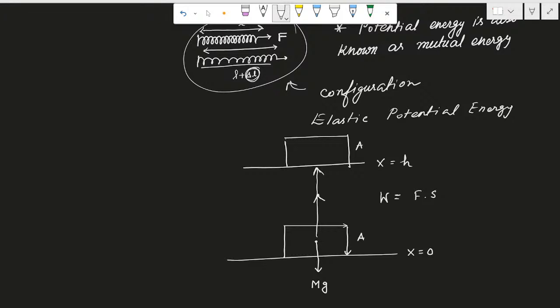Now here comes another question you might ask me: sir, we know these types of things are actually negative work. Yes, it is negative work if you consider the force to be the weight. If you consider the force is the weight, you are basically doing work against the weight. Weight is a force, or you can say gravitational attraction also.